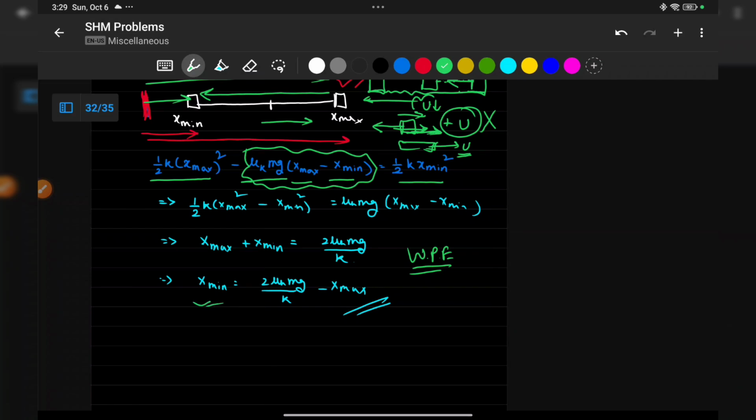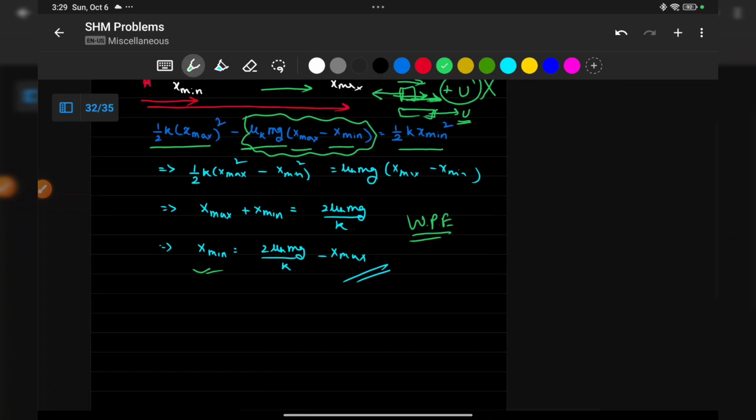Now let me explain this carefully. Okay, there is the support stop. There is the spring. It was t equal to 0. Then the block becomes this. It is t equal to t1 when this thing is, okay.